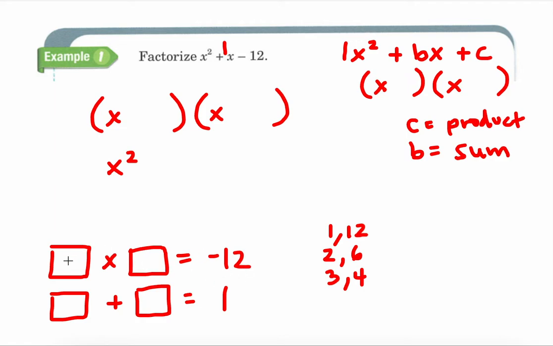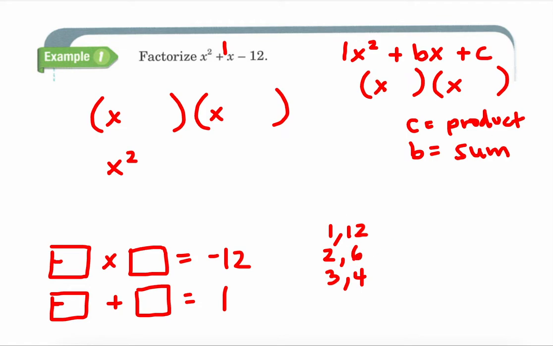So that means one of those numbers has to be negative, so that a negative times a positive will be a negative 12. Now, since one is going to be negative and one is going to be positive, when I'm adding them together, it's not just a straight addition. I'm adding a negative number and a positive number, so I'm really subtracting them. Okay, so I'm looking for a difference of 1.